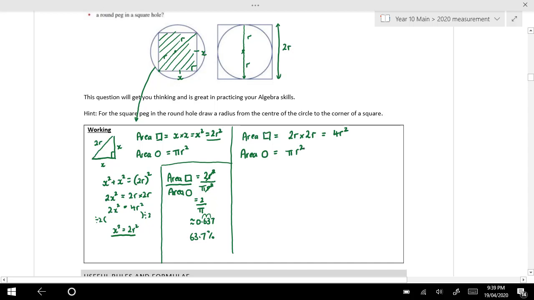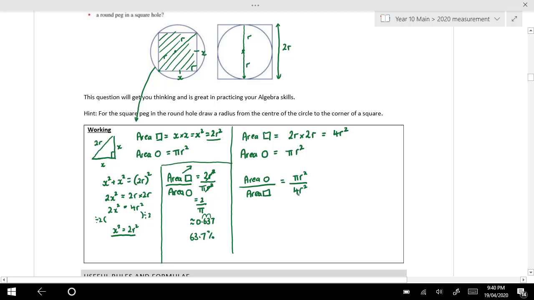So now what we're going to do is, over here we had the smaller shape. Well, this time the smaller shape is the circle. So this time it's going to be the area of the circle over the area of the square. Now feel free to pause this and work it out as a fraction. Okay, so as you can see, the area of the circle is pi r squared, and the area of the square is 4r squared.